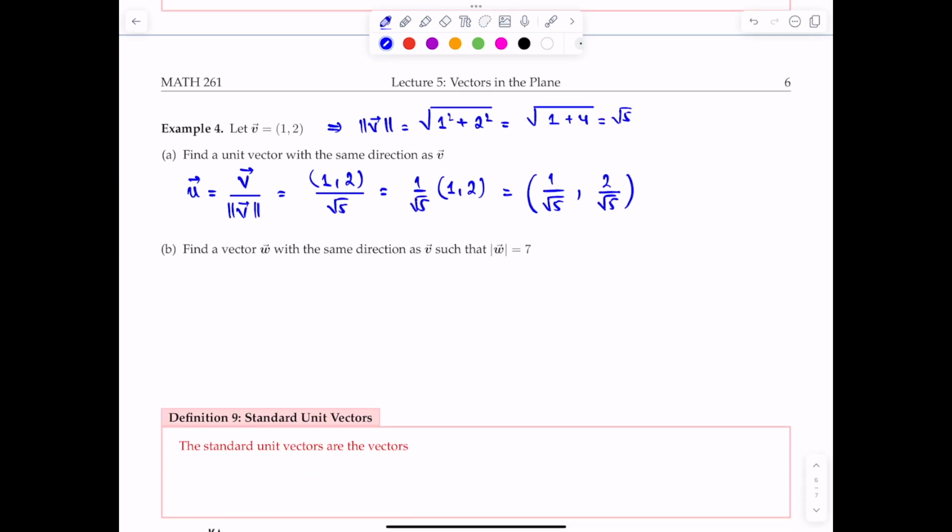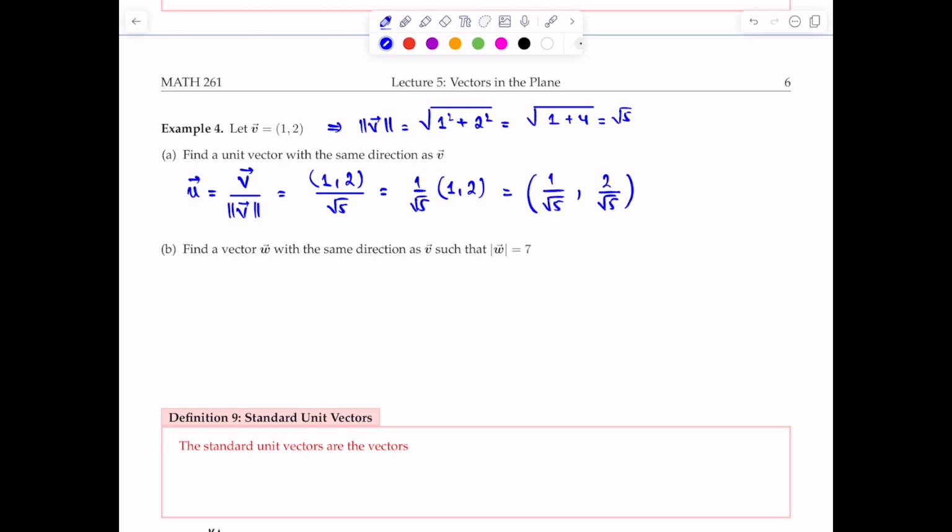Now in part B, they ask you to find a vector W. So this is a brand new vector, and this brand new vector has the same direction as V, and the magnitude of the vector W has to be equal to 7.